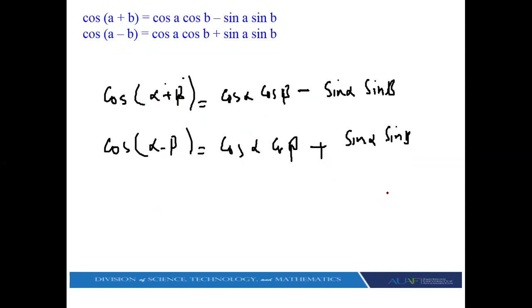From the cosine formula, we can derive more double angle formulas.